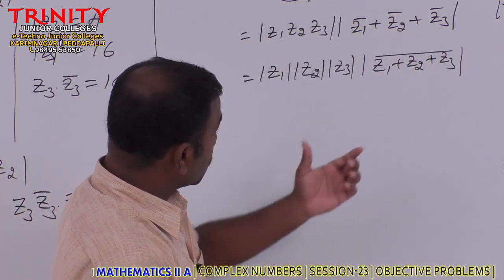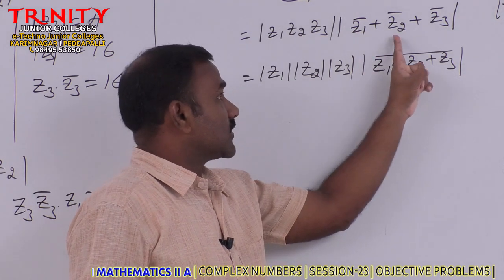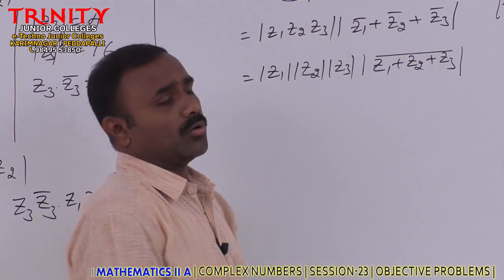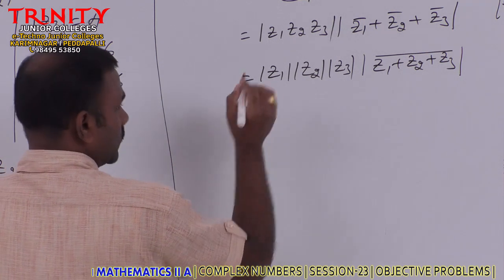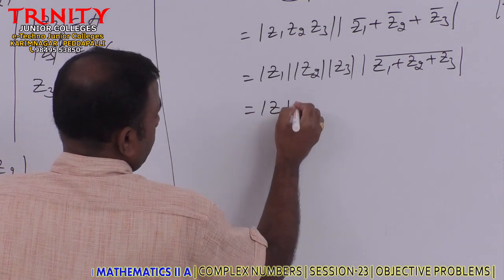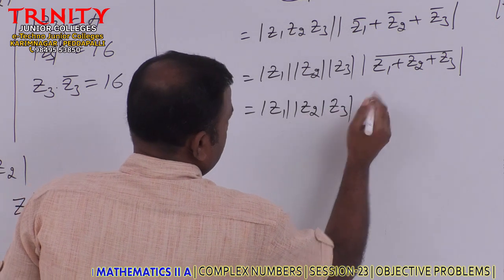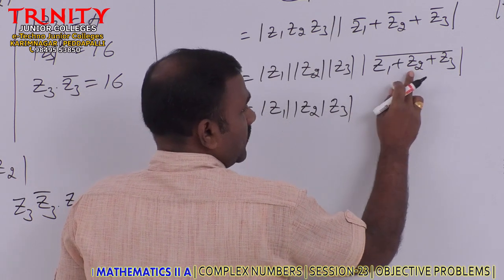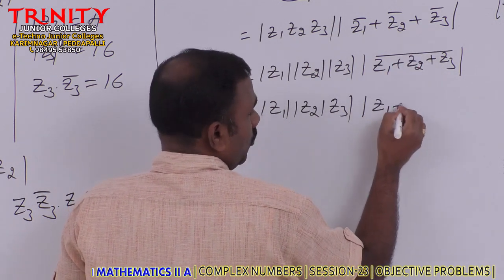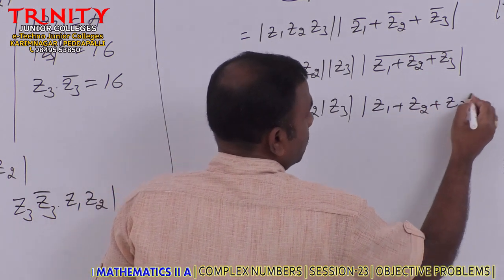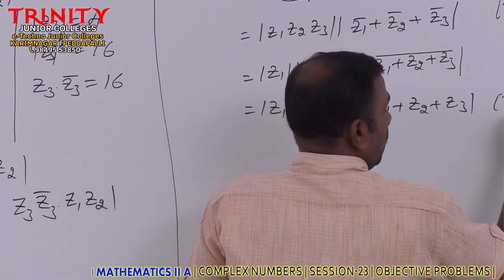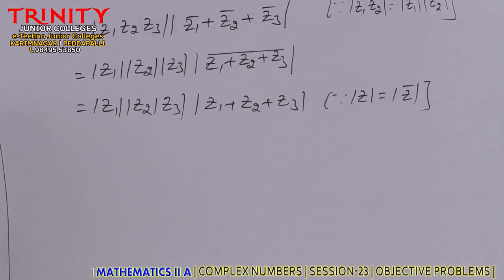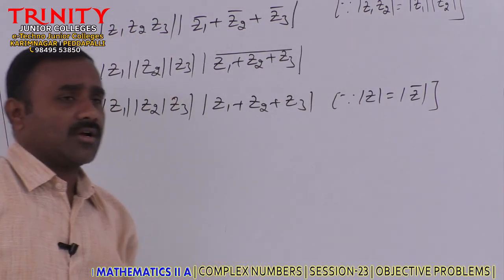In the previous problem we already used this condition: z1 bar plus z2 bar plus z3 bar can be expressed as z1 plus z2 plus z3 whole bar. Now we have the values of mod z1, mod z2, mod z3. But first we have to remove this conjugate. Modulus of z1 plus z2 plus z3 whole bar is equal to mod of z1 plus z2 plus z3, since the modulus of a complex number is equal to the modulus of its conjugate complex number.